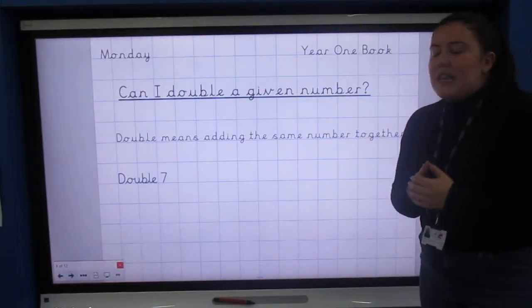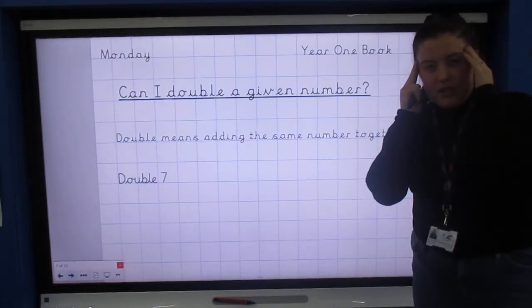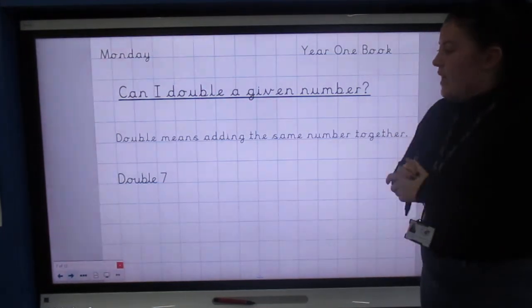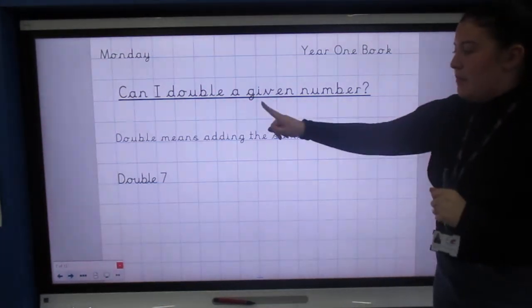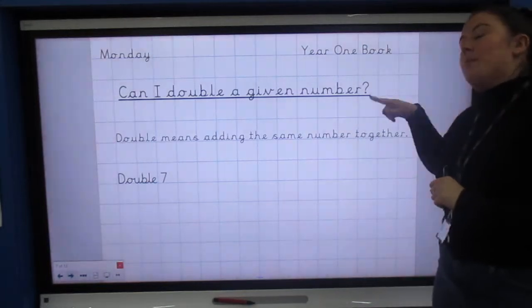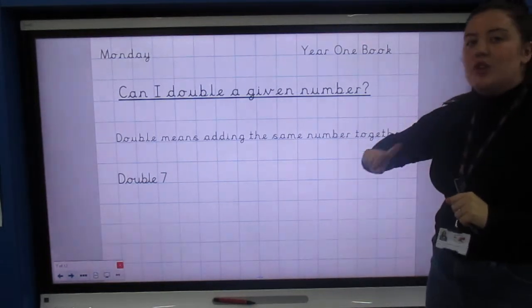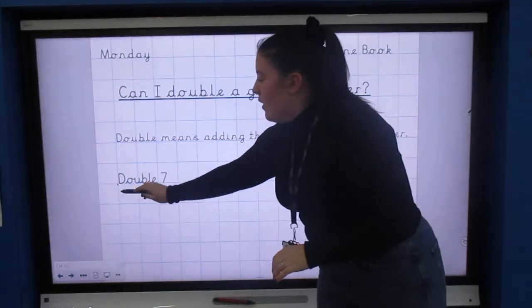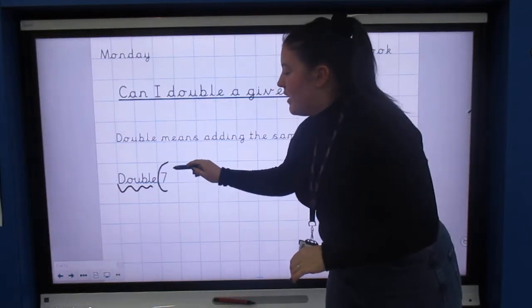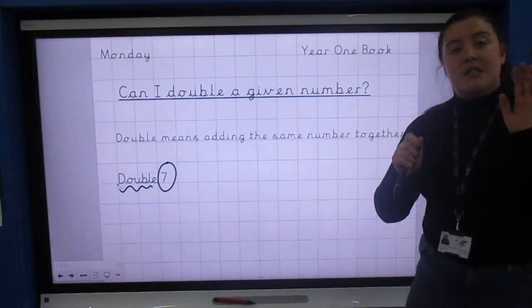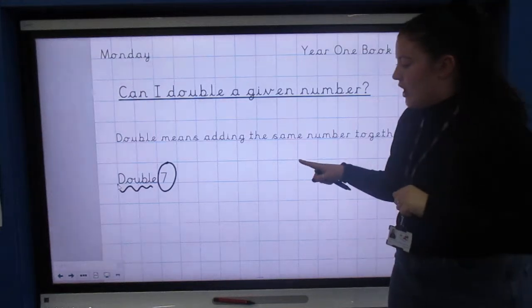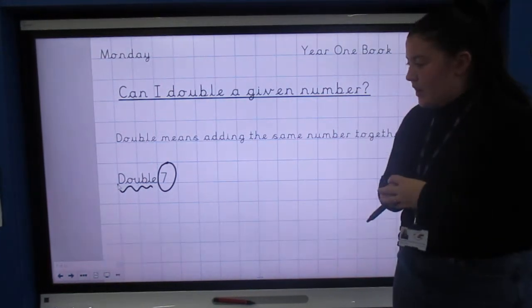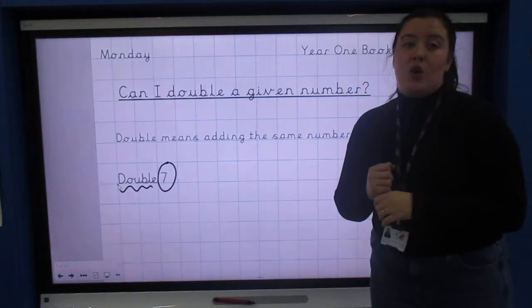Now this time I'd like you to have a go at doing it in your head, because it is quite easy and simple the more we practice. Okay, double means adding the same number together. Keep saying that to yourself because that will help you remember. This time, what number would I like us to double? 7. Now we haven't got any objects on the board. There's no stars or numicon because I'm going to show you how to do it in your head.